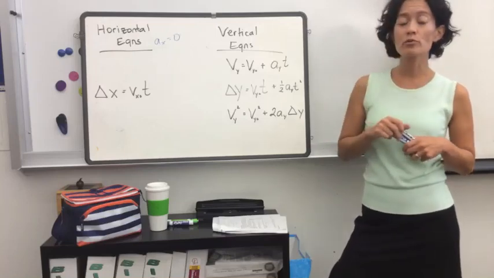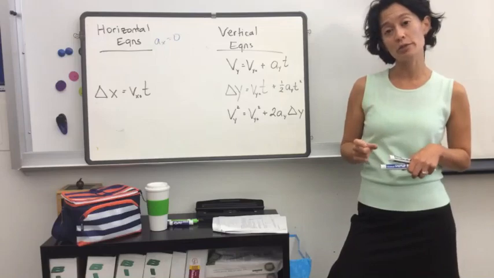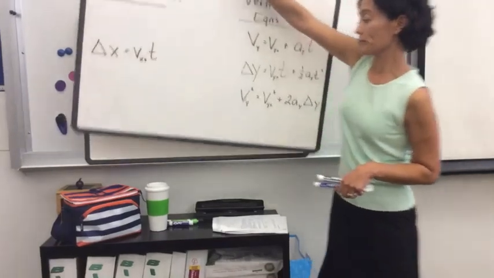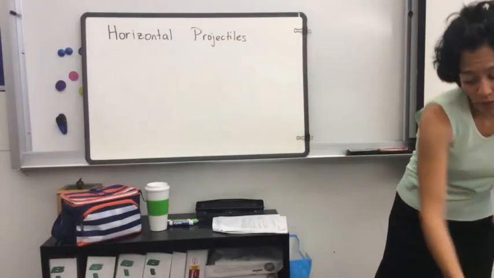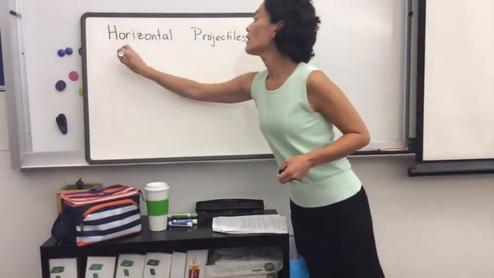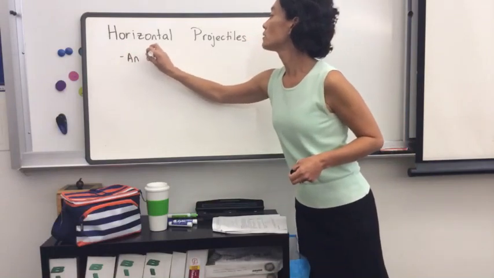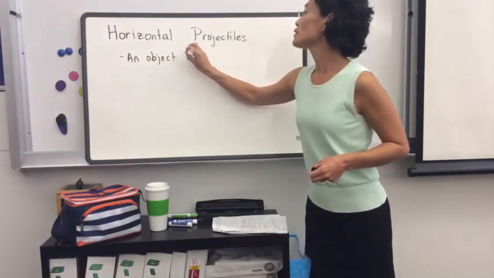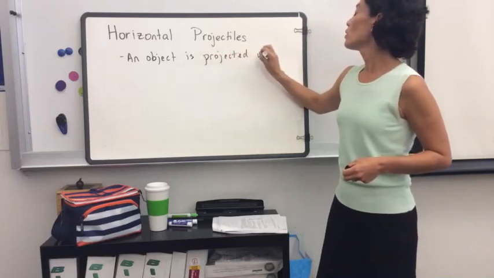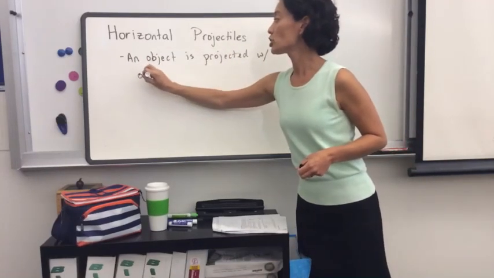What we're going to do now is focus on one particular type of projectile motion, and that is called the horizontal projectile. Effectively, this is saying you have an object that is projected with only an initial x velocity.